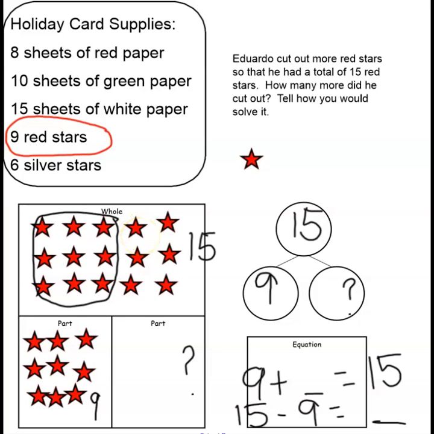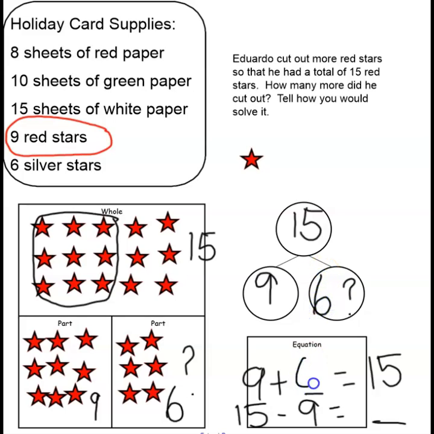Let's look. 1, 2, 3, 4, 5, 6. So he needed 6 more stars. Let's add our stars here. Because we knew he already had 9 red stars, we knew he had to cut out 6 more stars.